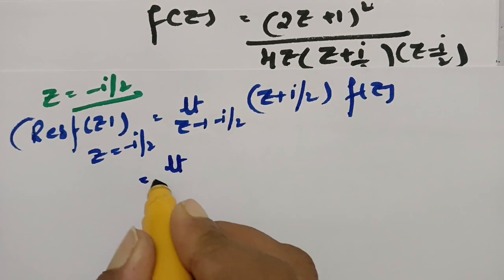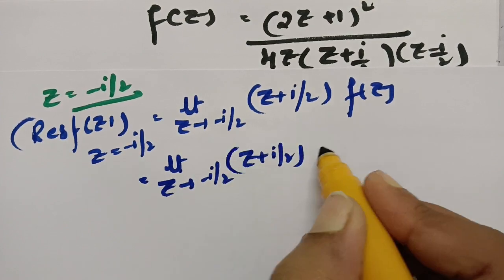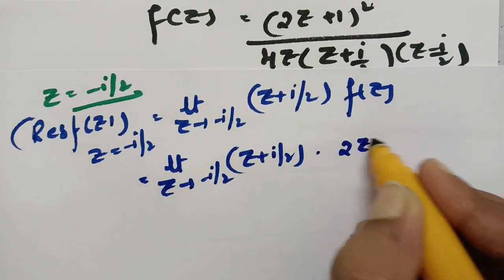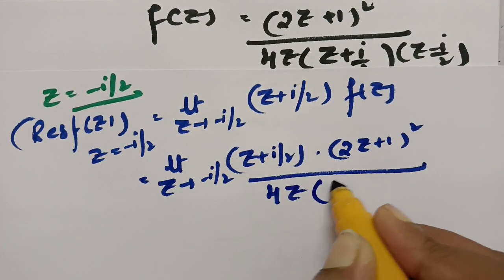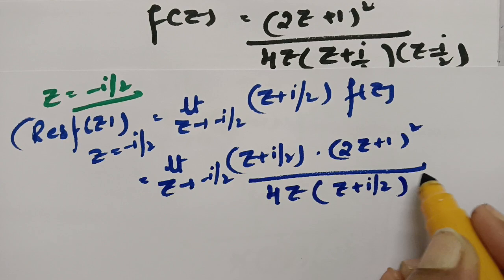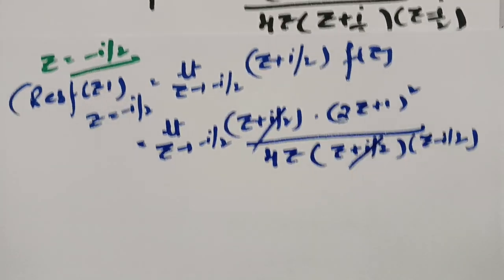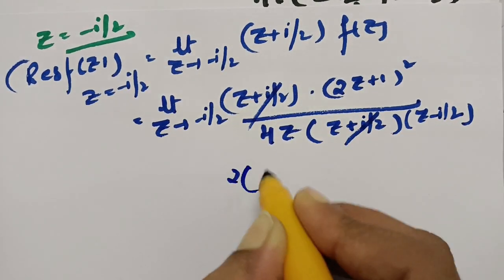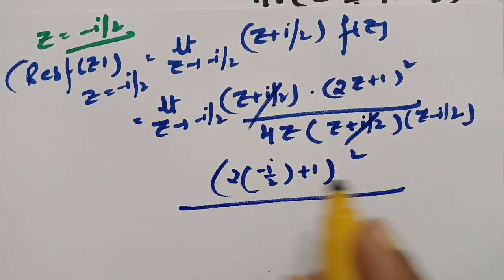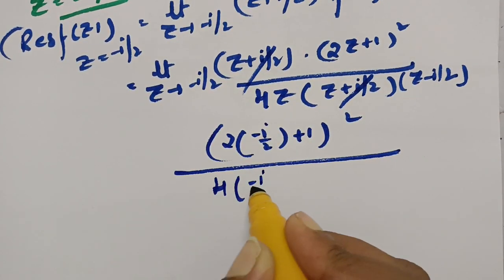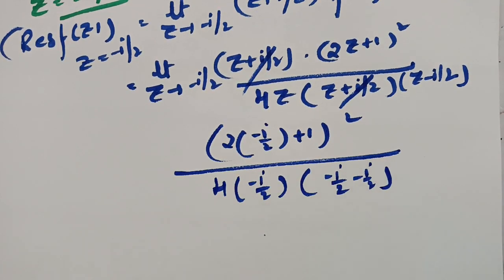So this will be limit z tends to minus i by 2 of (z plus i by 2) into (2z plus 1) whole square by 4z into (z plus i by 2) into (z minus i by 2). Clearly I can cancel this and substitute minus i by 2 in place of z. This will be whole square by 4 times minus i by 2 into (minus i by 2 minus i by 2).